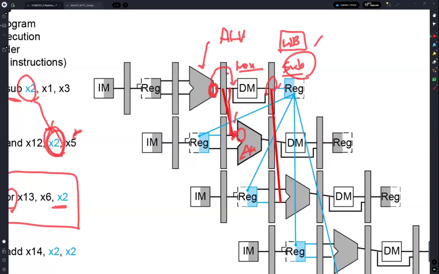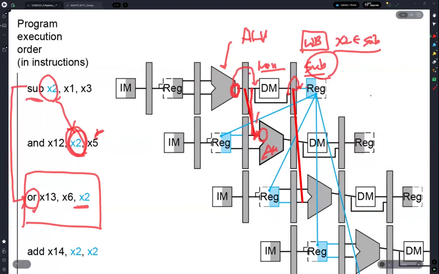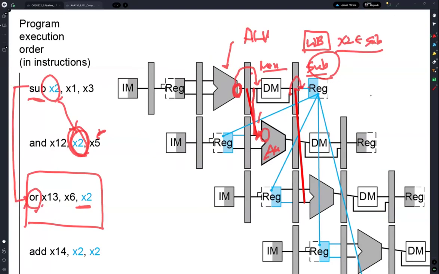So the X2 generated by the sub instruction is in the write back stage, at the very early time of the write back stage. At the same time, the OR instruction requires the X2 data generated by sub. So this data can be forwarded to the input of ALU, right?